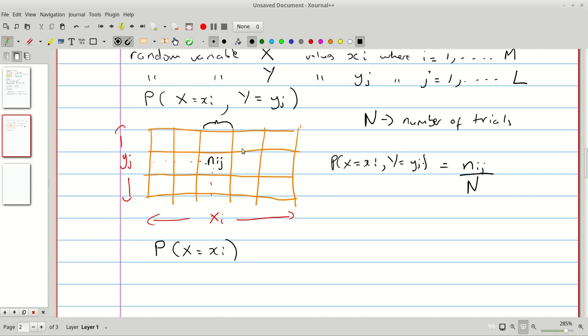So you're going to look at this value, this value, and this value, and divide by n, because xi is just this column here. When you're looking at xi, you're only looking at the number of times you're choosing from this column.